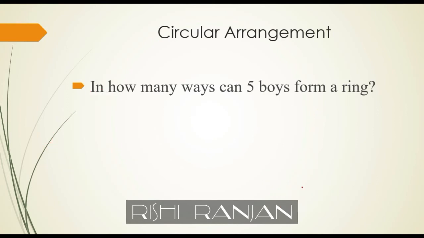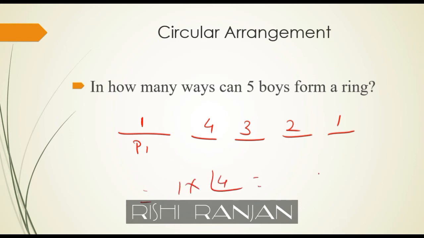That's why the point here was, for the first person there's only one position available, but for other people there are four positions, three positions, two positions, one position. That's why the formula becomes 1 into factorial 4, or 1 into factorial 5 minus 1. Although the formula was factorial n minus 1, I'm writing it like this, 1 into factorial 5 minus 1, just to denote that for the first person there is one position available, for others it is factorial n minus 1.